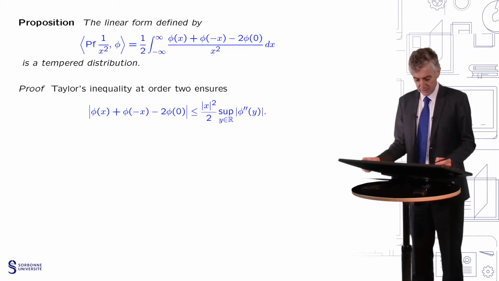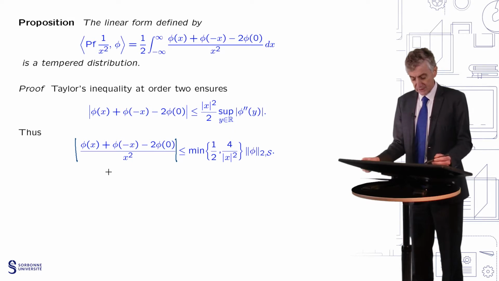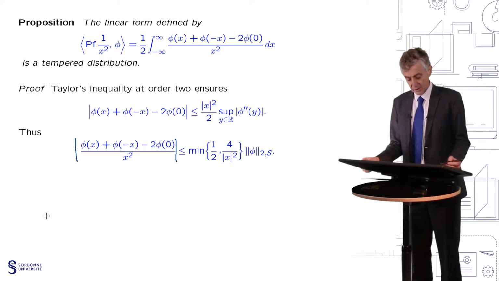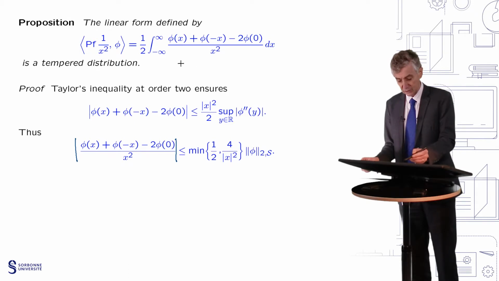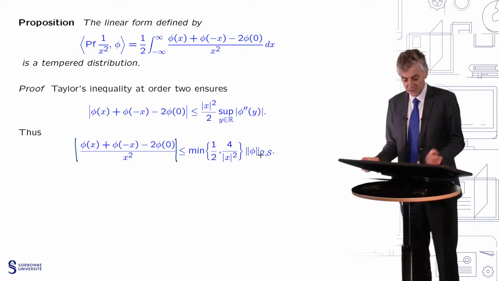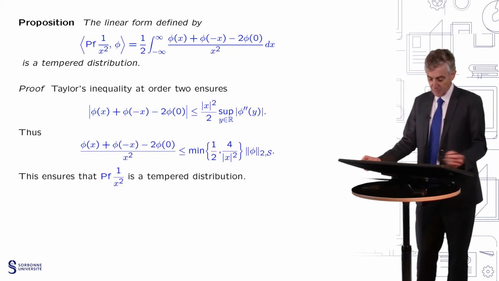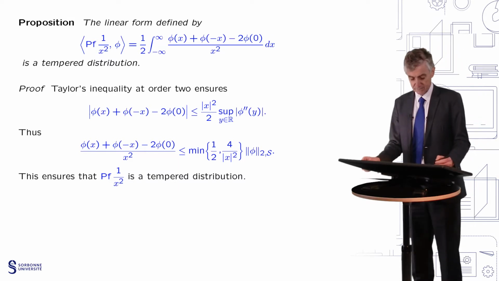Now, let us go outside 0. Now we use simply that this is bounded, and this is 1 over x squared. So we have this. Okay? So this function is integrable, and we integrate this function. We find the wanted inequality, and it ensures that Pf of 1 over x squared is a tempered distribution.